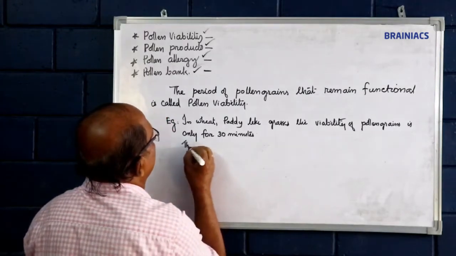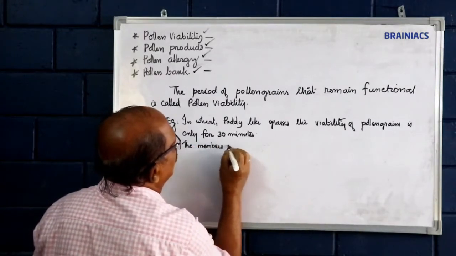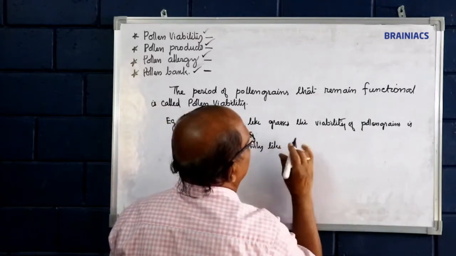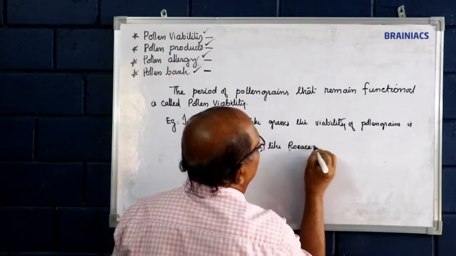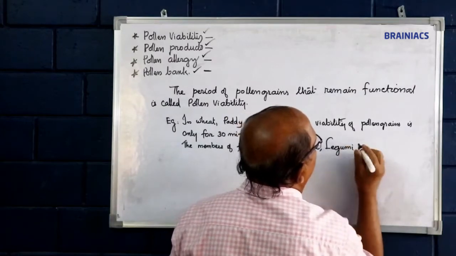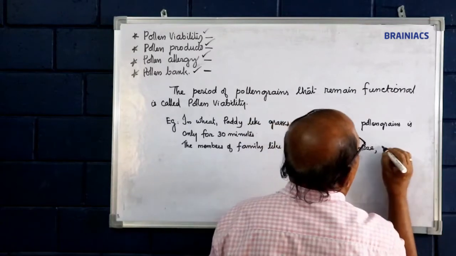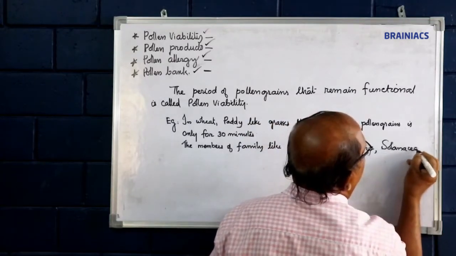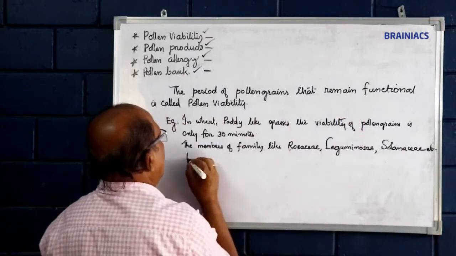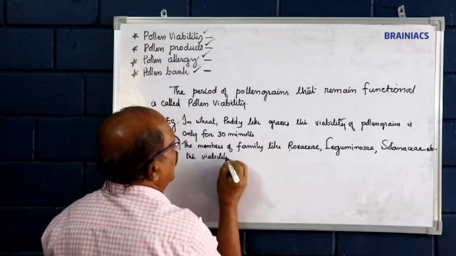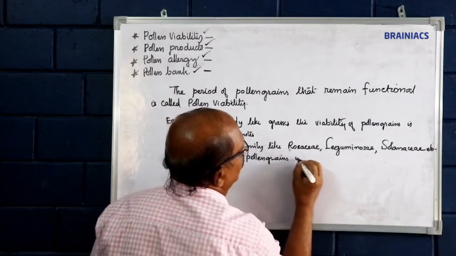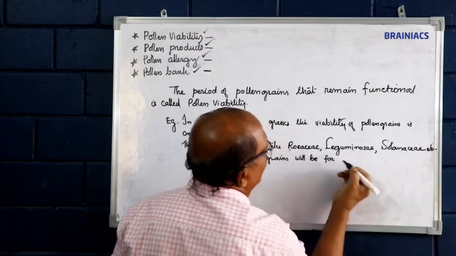Whereas in members of families like Rosaceae, Leguminosae, Solanaceae, etc., the viability of pollen grains will be for months.